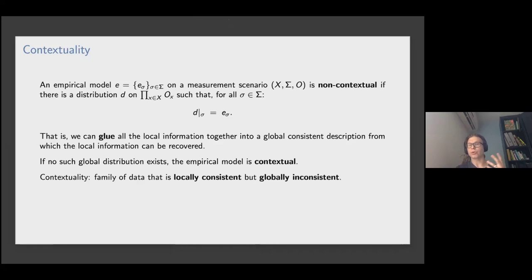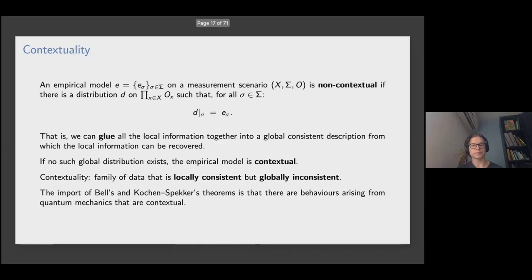That corresponds to the idea that the system is locally consistent. So in each context, in each possible joint measurement, we get a well-defined classical probability distribution, but somehow we can't glue all of these together at once.